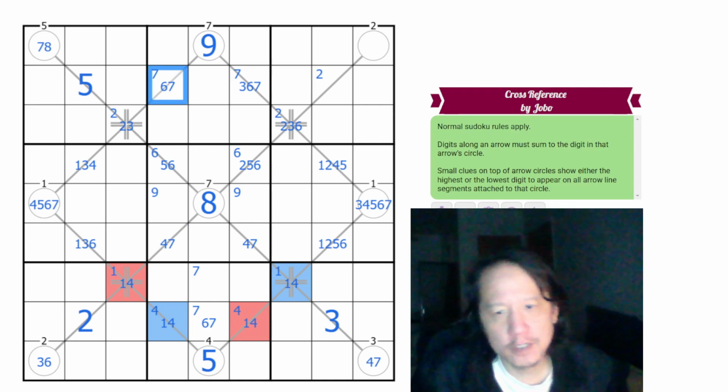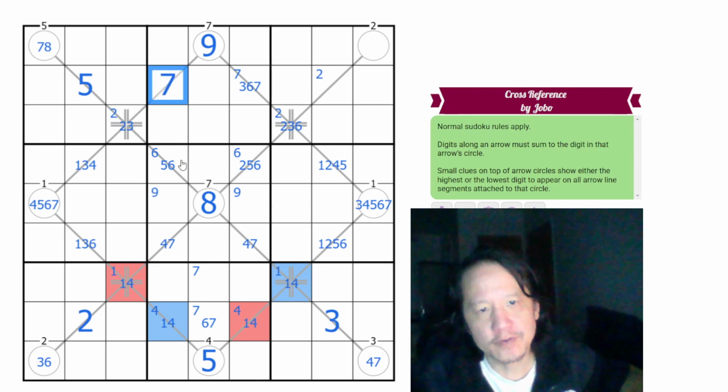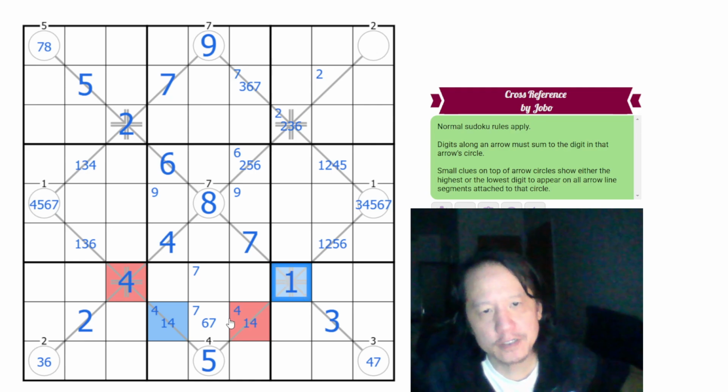Right, so say, again, this was a 7, right? Then this would be 2, this would have to be 6. This could not be 7, so it would be 4 and 4. Which would make this a 7, this would be 1. This could be 2 or 5, this could be 3 or 6, either one works.